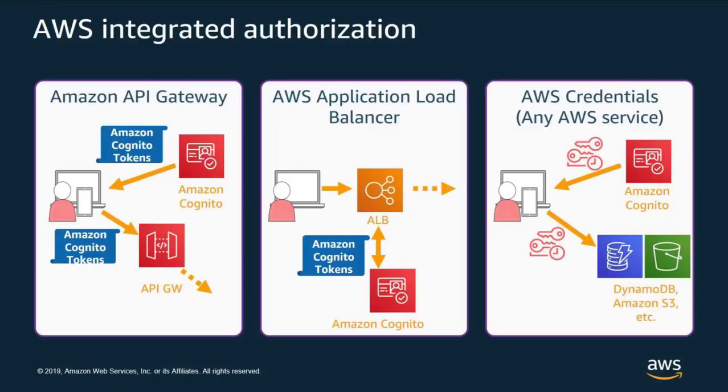And then, as we saw in that previous slide, if you need to access a number of AWS services, Dynamo, S3, SNS, SQS, think about all the various services that provide functionality for building applications. Cognito essentially is your means of retrieving the appropriate types of AWS credentials that are necessary for accessing those services. And all of this is part of the package that's pre-built for you when you adopt Cognito.